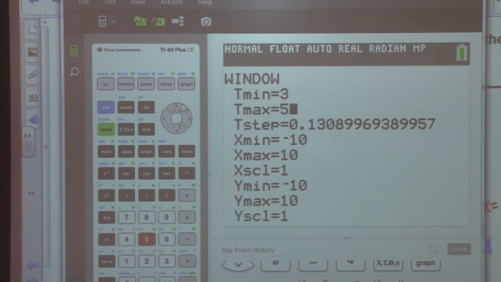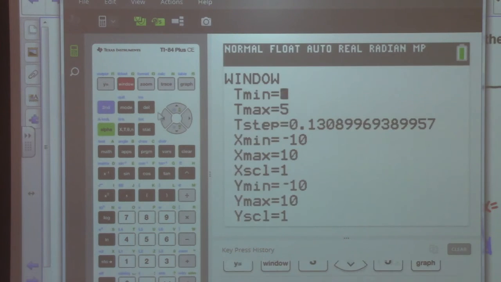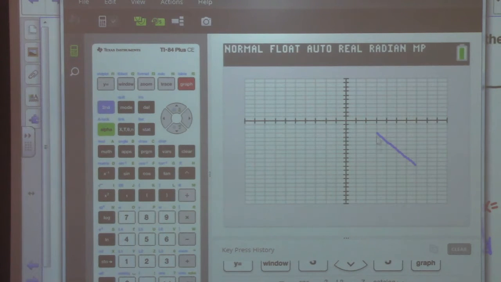What's it going to look like? Well, we can't see the whole thing. Let's change the window, and we'll make the Y minimum, I don't know, -20. There it is. So I want to thank Kinsey on this one, and Kayla. That is some excellent work.